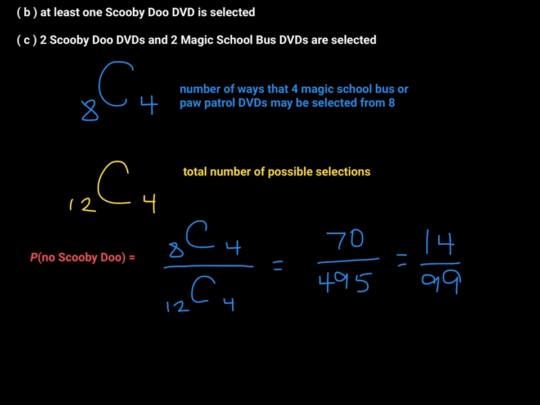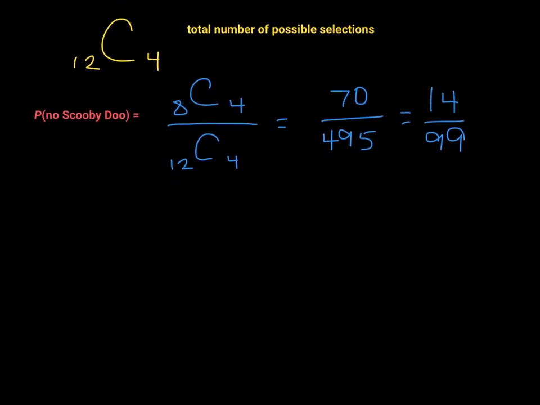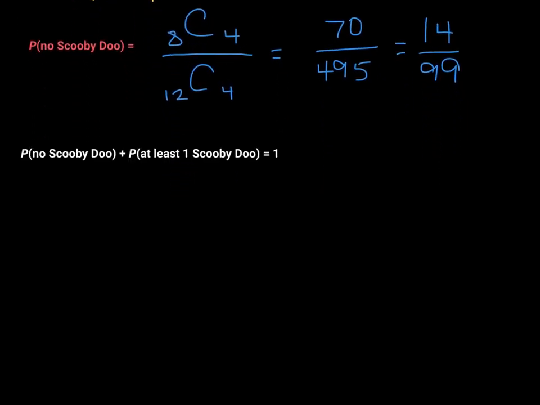In other words, we have, so either this event or this event must happen, right? So that means when I add their probabilities, I have to get 1. We talked about this in an earlier lesson.